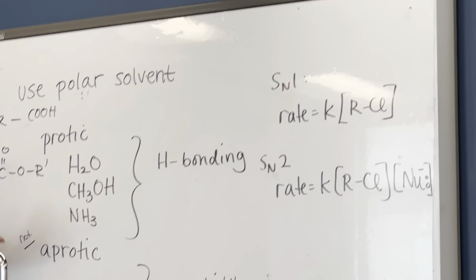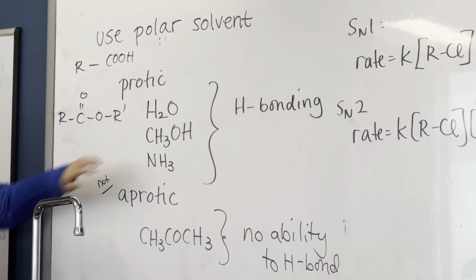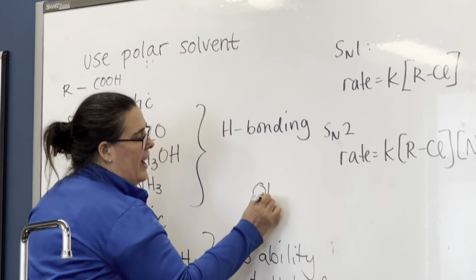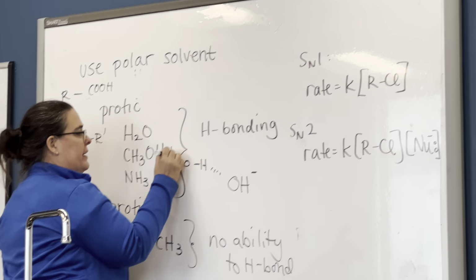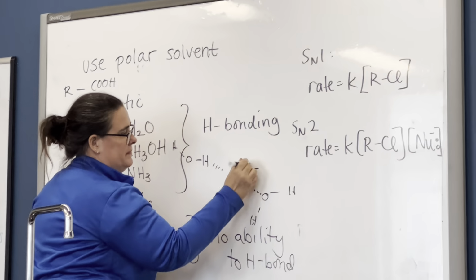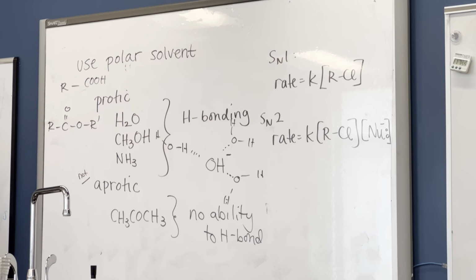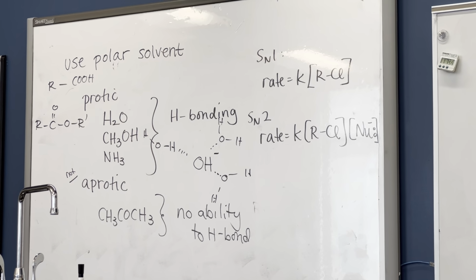In the presence of a protic solvent, like water, can you imagine that that hydroxide is going to be completely hydrogen bonded to every water in the system? Can you just see the hydroxide is capable of being hydrogen bonded?